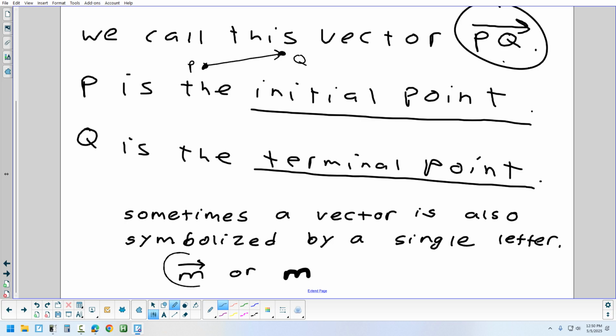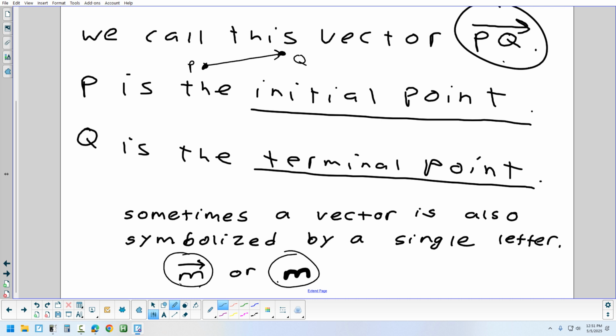That's one way to name a vector with just a single letter. Or you can make the single letter bold. Bold is what you're probably going to see in our book most of the time. Either notation is correct. Either make it bold or put an arrow on top of it.